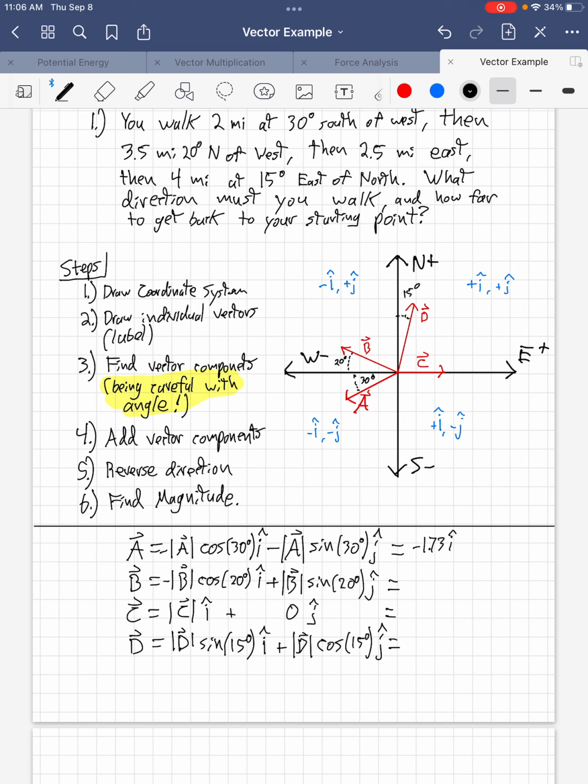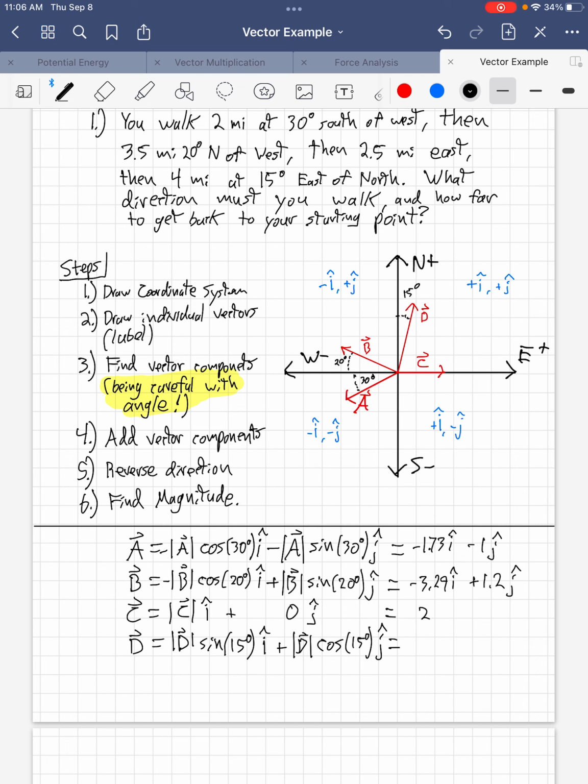Sorry, I'm dropping my units here, but let's remember to add them back at the end. Minus 1 j. And B is going to end up being negative 3.29 i plus 1.2 j.